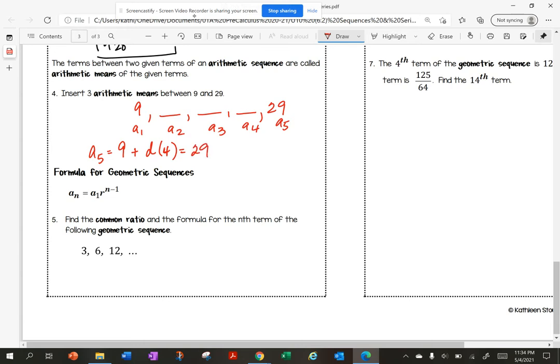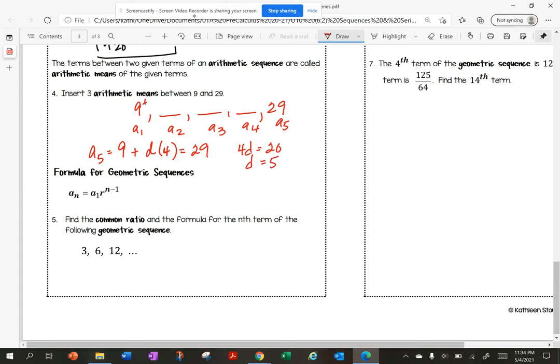I'm going to subtract 9 from both sides, so I get 4d equals 20. Divide both sides by 4, and I get d equals 5.